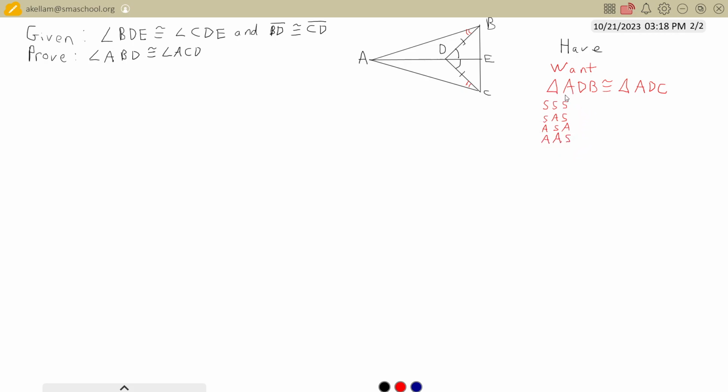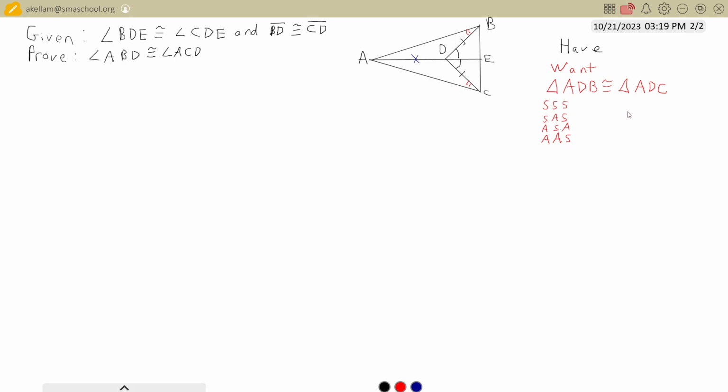So these 4 relationships, any of them, would be sufficient to show that these two triangles are congruent. Now I'm going to look at the information that I have just in the diagram. And the big thing is I have that AD is congruent to AD.